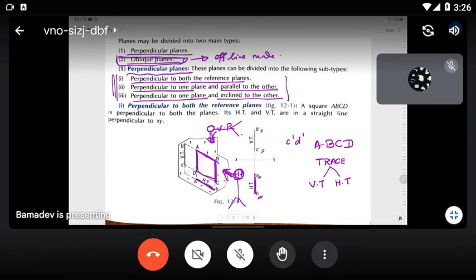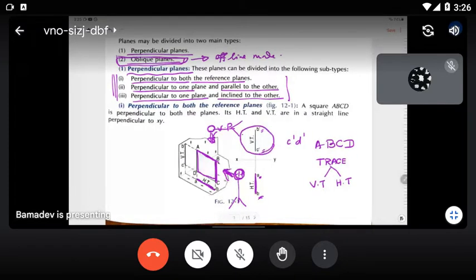So as a whole, this becomes your front view, this becomes your top view. In this case, what is the relative position of this plane? This plane is perpendicular to which reference plane?